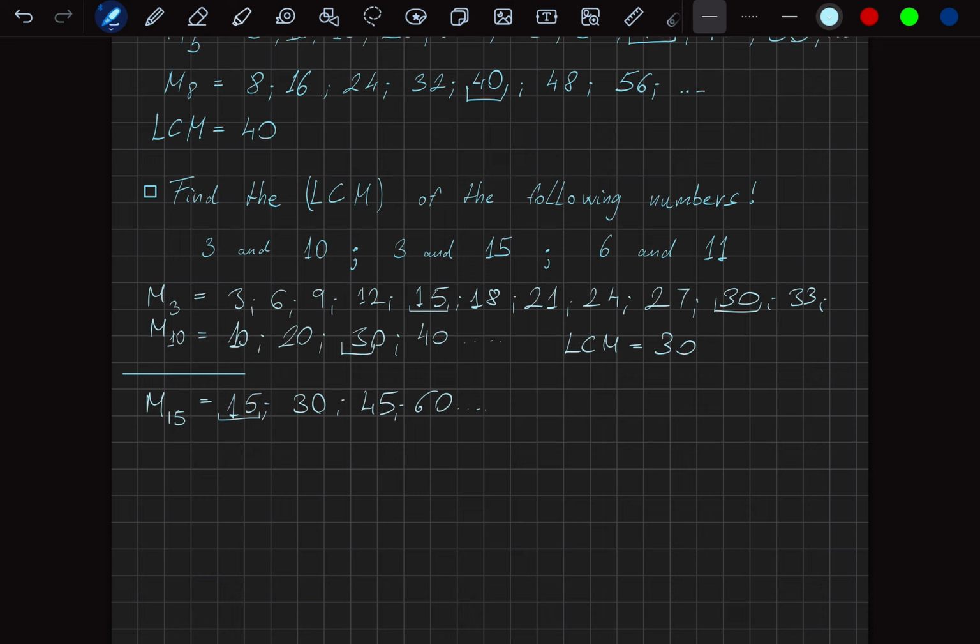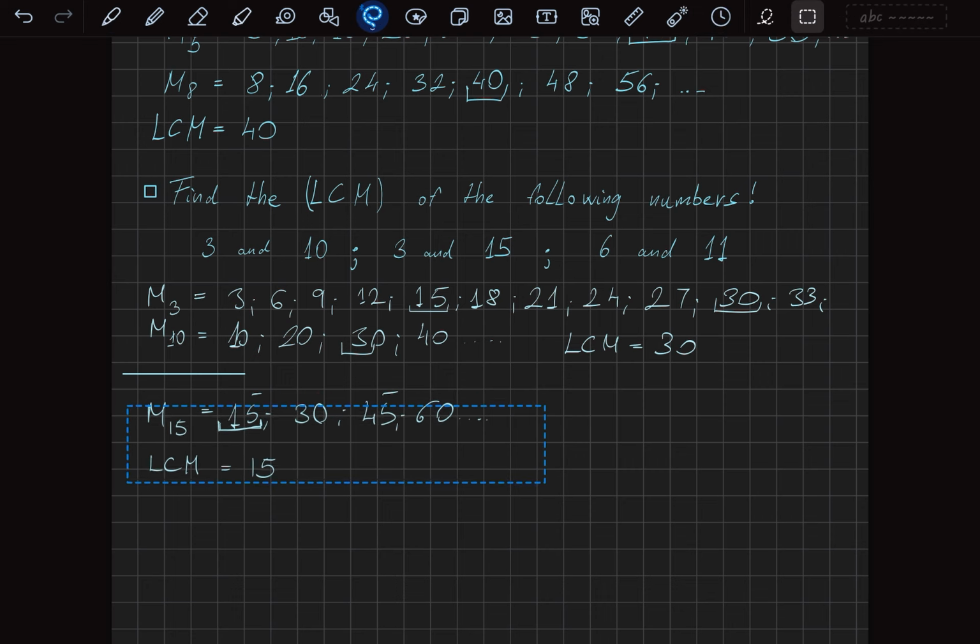If we have two numbers, one of the numbers can also be the lowest common multiple, because it is the smallest number that we can divide by 15. So a number is the lowest number that we can divide by itself. This is how it works. So the lowest common multiple is 15. I will just write it like this.